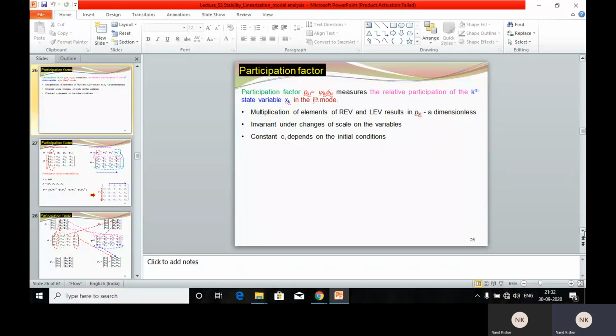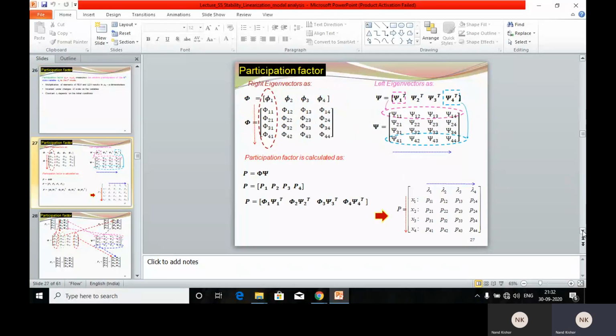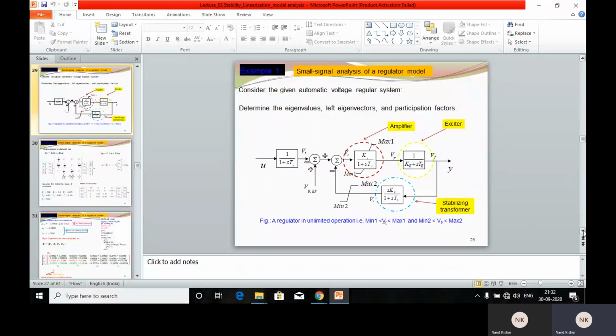Next, we had discussed the steps that we apply to obtain the participation factor matrix. So we discussed this slide last time, and we move further now.